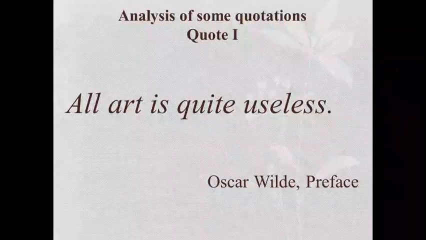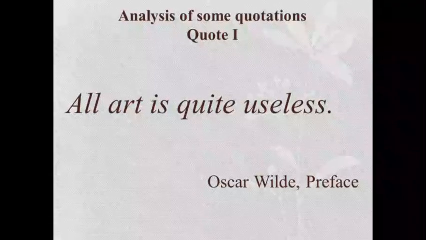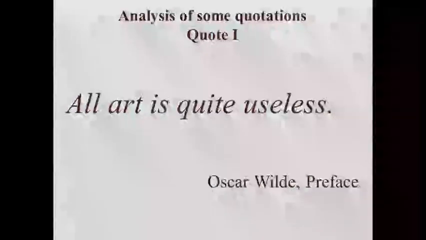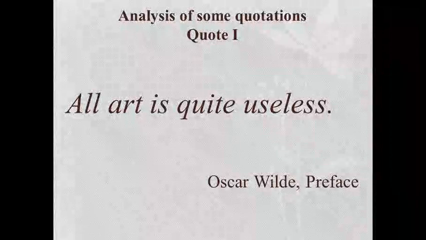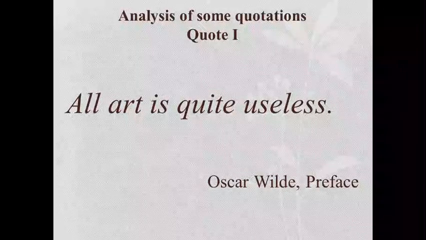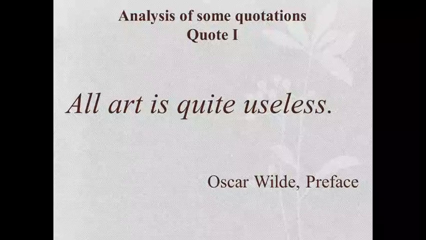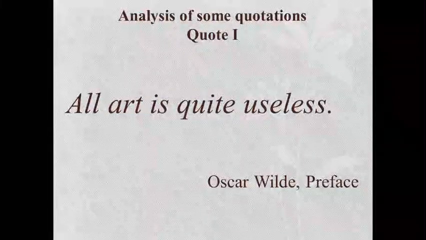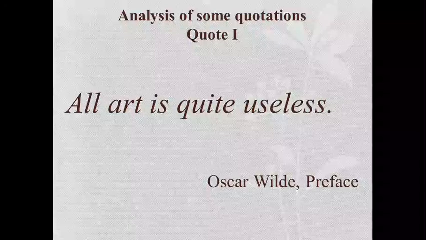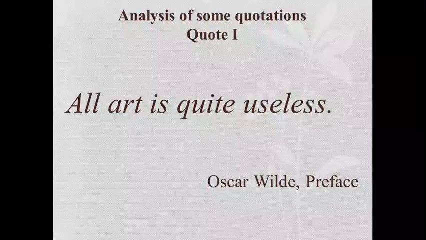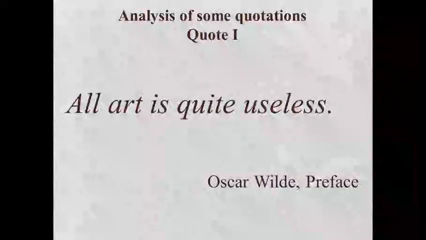Then let's analyze quotes. The first quote is, "All art is quite useless," by Oscar Wilde in the preface. This final line in Oscar Wilde's preface to this novel concludes a brief but dense treatise on the nature of art, beauty, and criticism. Wilde does not say he is committing to The Picture of Dorian Gray, and indeed he is careful to speak broadly.